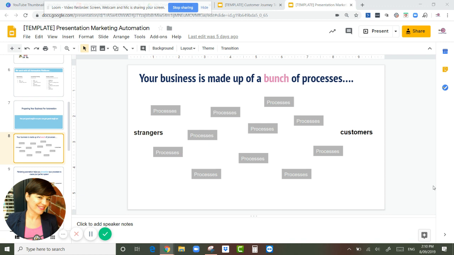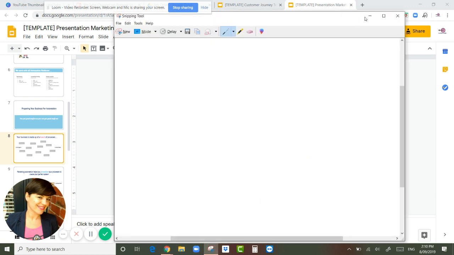One simple way you can start thinking about customer journeys in your business is something I prepared earlier, which is this. It's a blank page. There's really nothing here.